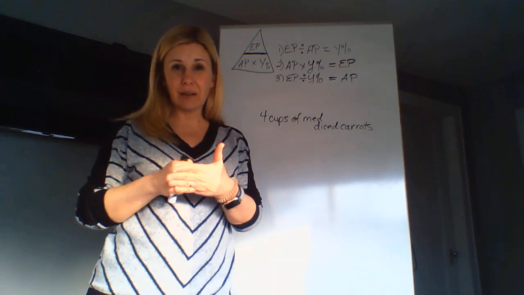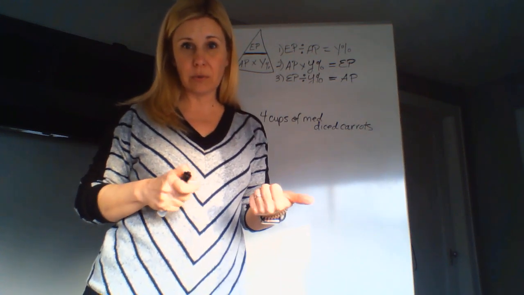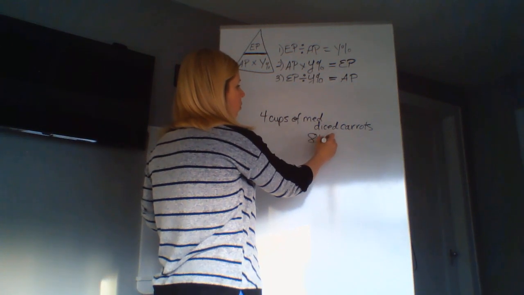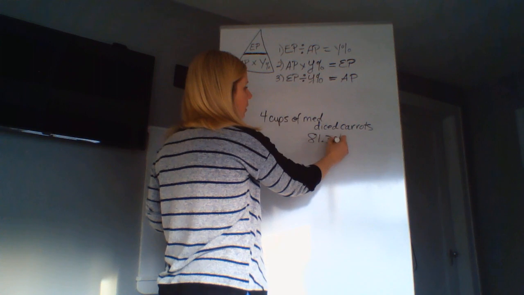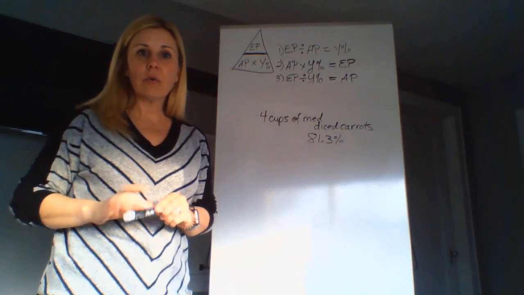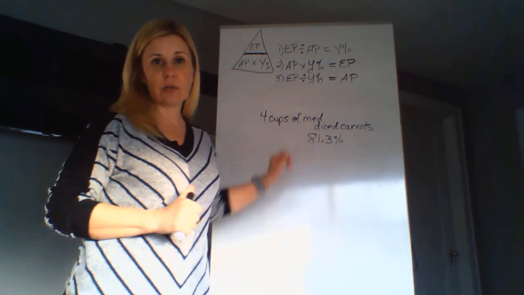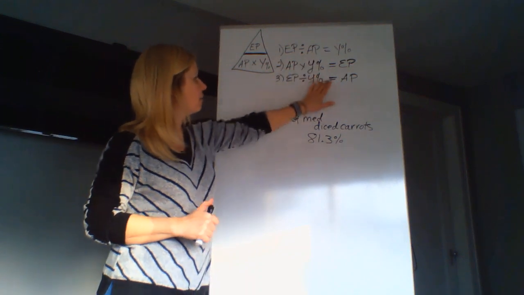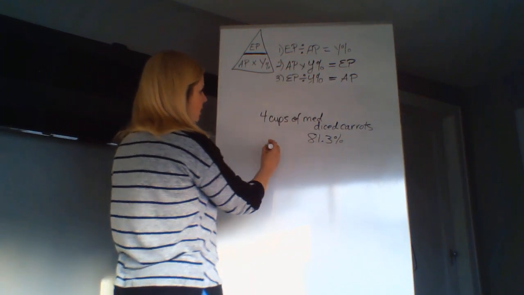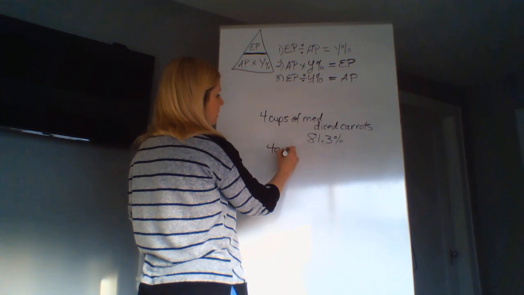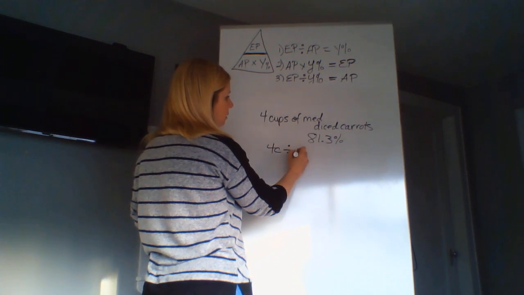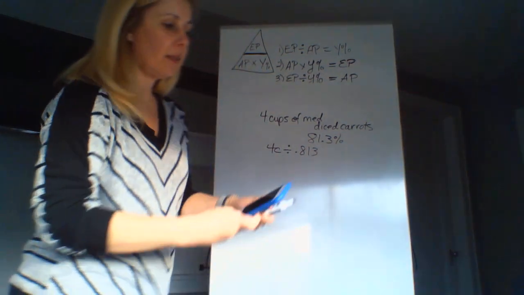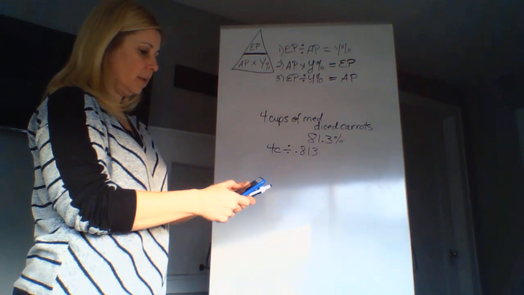Medium diced, I think in our last section, 3.2, there was a problem that told us that the yield percent was 81.3 yield percent, right? So the question would be, how many carrots do I need? How many do I need to order AP, right? So we would have done 4 cups divided by the yield percent, 81.3, and let me get that out and let's see what that would be.